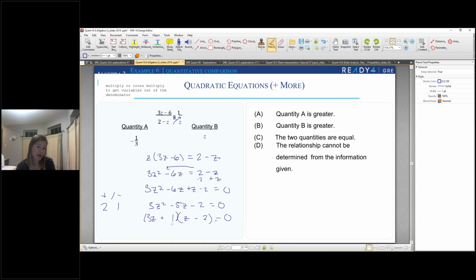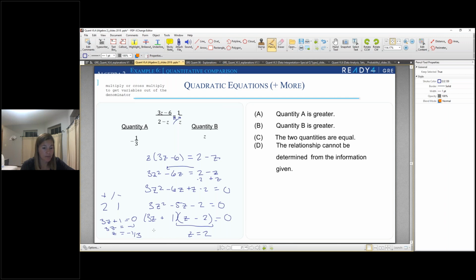Now I have this situation where I've got my two sets of parentheses multiplied together equals 0. In order to solve for z, I have to assume that either this one is going to make 0, so that would be z is equal to 2, or this one equals 0. Now, how do I make 3z plus 1 equals 0? Well, 3z is equal to minus 1, so z is equal to -1/3.